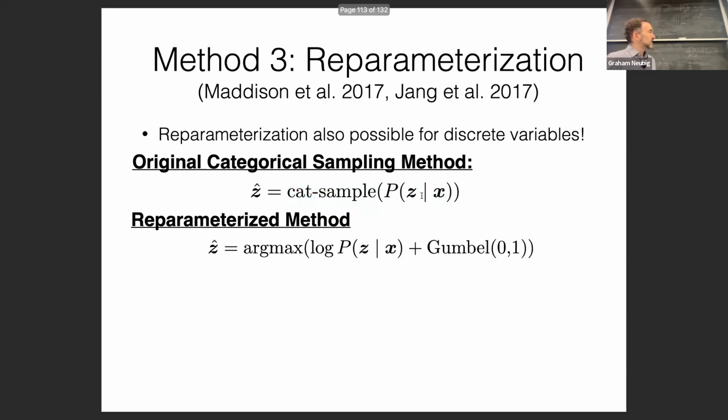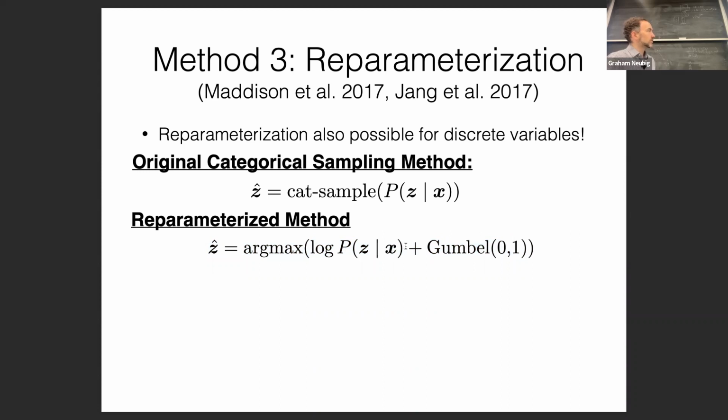The reparameterization trick essentially looks like this. What we do is we take the log probability, and we add something called the Gumbel distribution here, and take the maximum value.